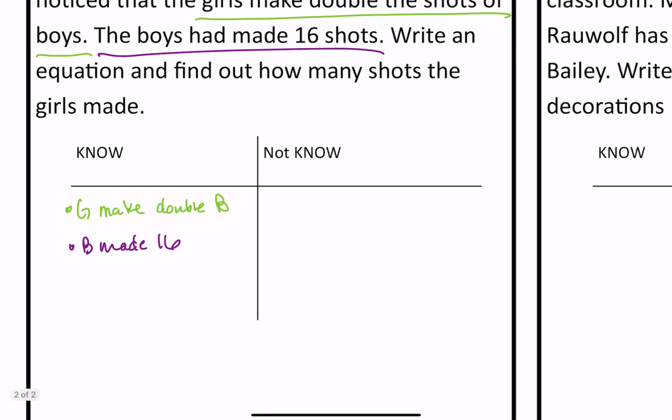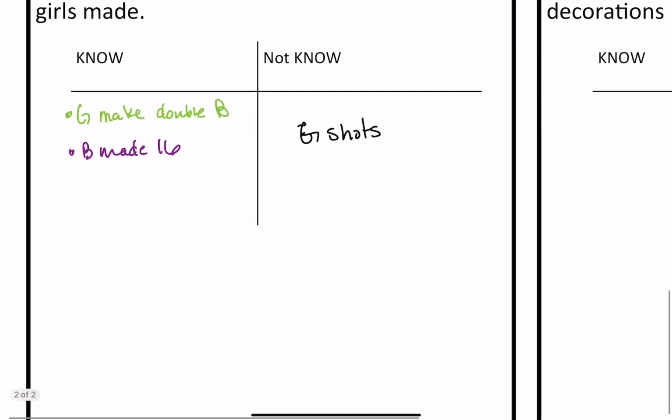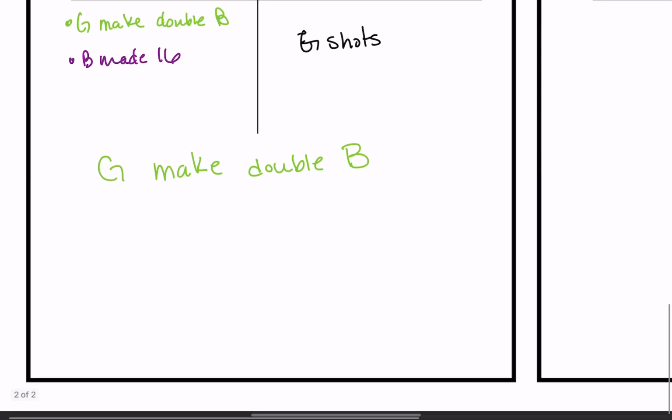What we don't know is the girl shots. So this green one is going to be the phrase that helps us write our equation. Well, we still don't know how much girls made, so we're going to bring the G down.